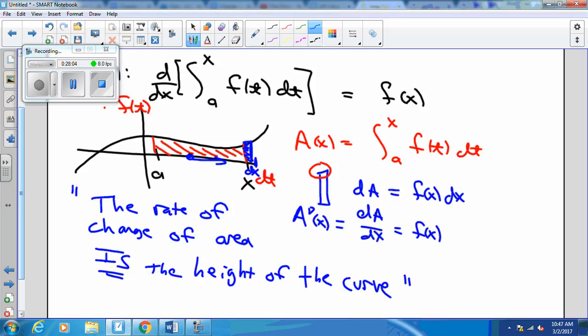The answer is, I'm adding on extra area at the rate of the height of the curve. So if my curve is really tall, I'll be adding on a lot of extra area. If my curve is short, very little. If my curve hits the axis at 0, I add 0 area. And if my curve is below the axis, I'll actually be taking away area.